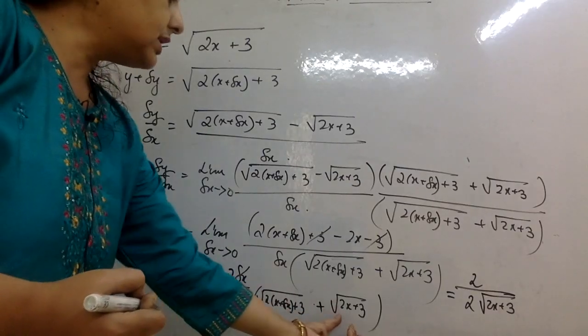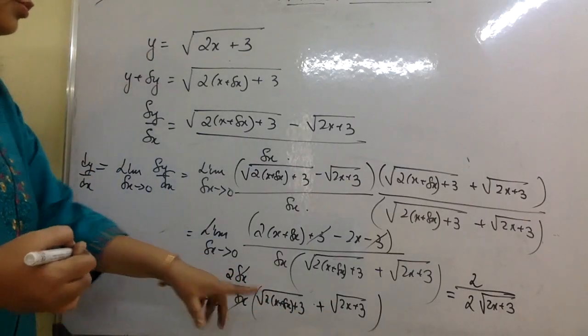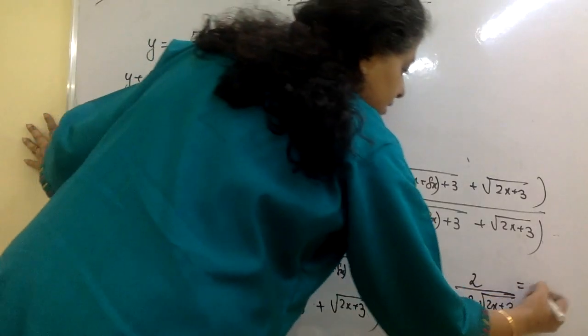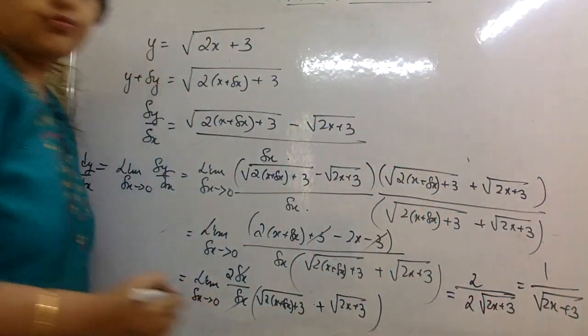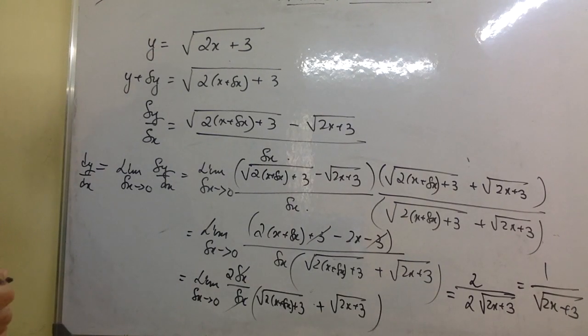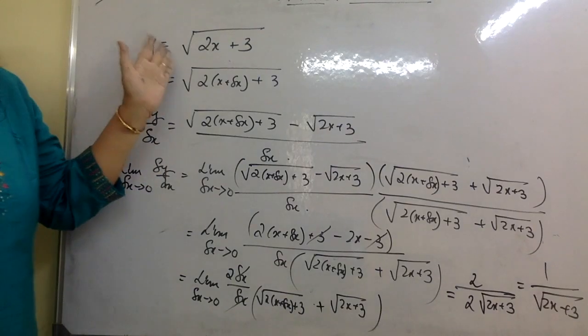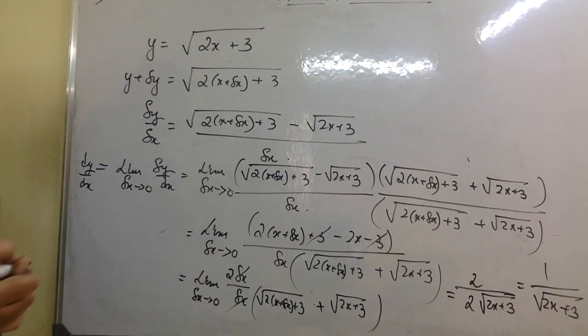So this one plus this one makes 2 root 2x plus 3, and the 2 cancels, and we are left with the final answer, which is 1 by 2 root 2x plus 3. So you can do this and check, you will get the same answer.